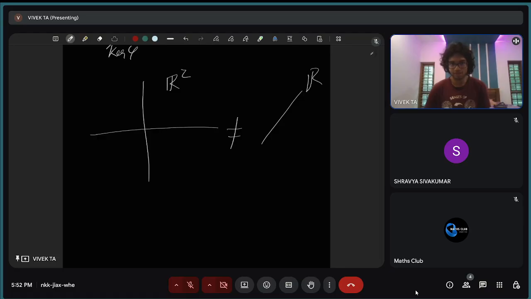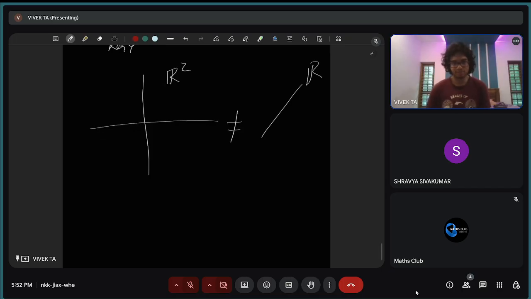You understood the question, right? Yeah. In a sense, you believe they are not the same. Like the plane and the line are not the same. But can you tell me why they are not the same? Because it's like two dimensional, this is one dimension.